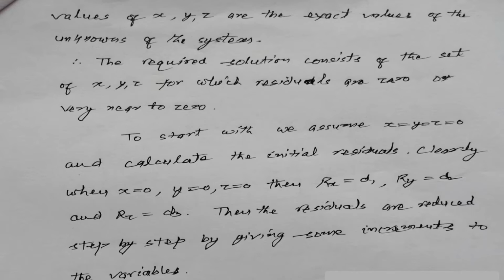To start with, we assume x equal to y equal to z equal to 0 and calculate the initial residuals. Clearly, when x, y, z are all 0, then Rx equal to d1, Ry equal to d2, and Rz equal to d3.